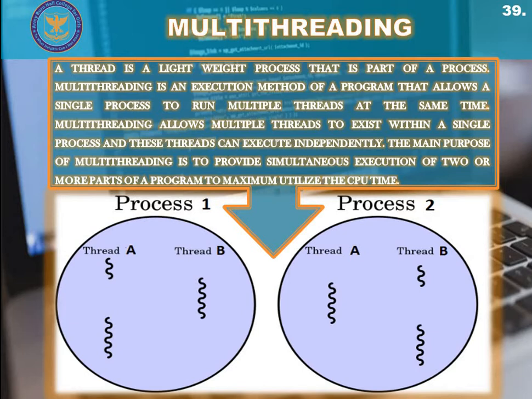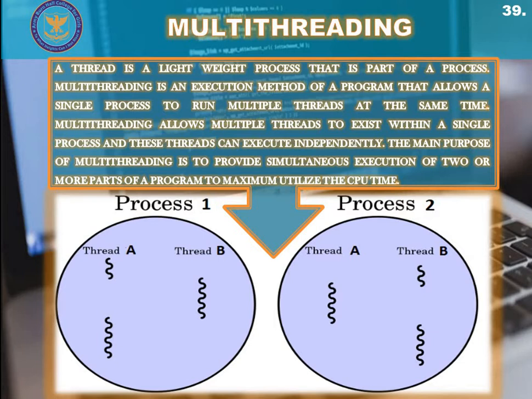The main purpose of multi-threading is to provide simultaneous execution of two or more parts of a program to maximally utilize the CPU time. It is easy to understand that if a process has two threads inside it and both threads are activated, it simply shows that inside a program two instructions or two parts of the program are getting executed at the same time.